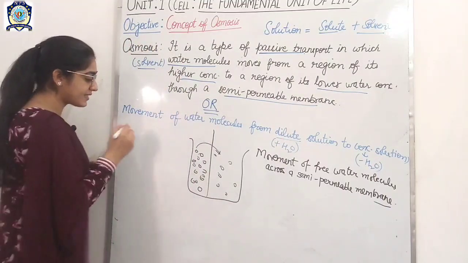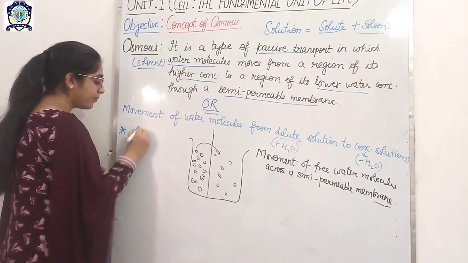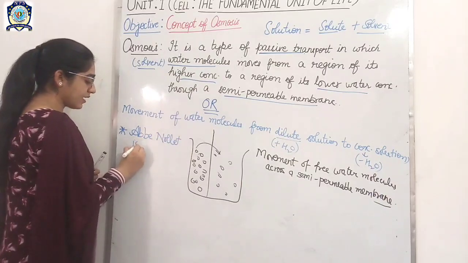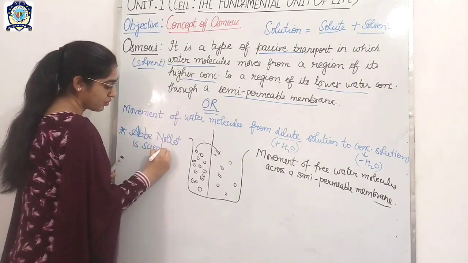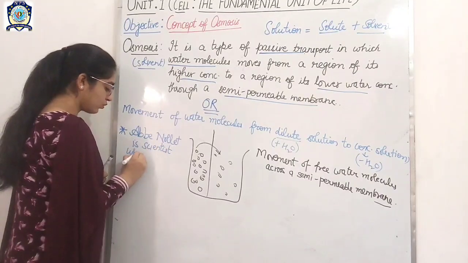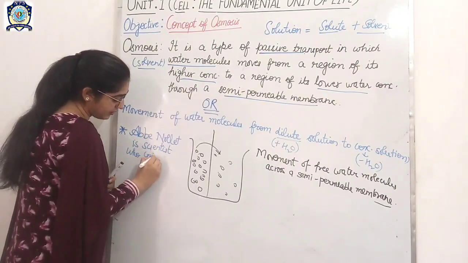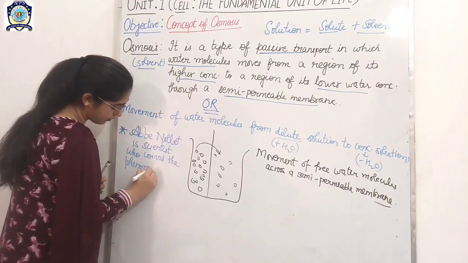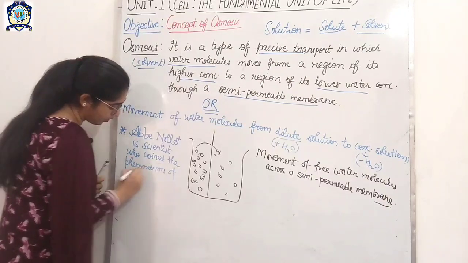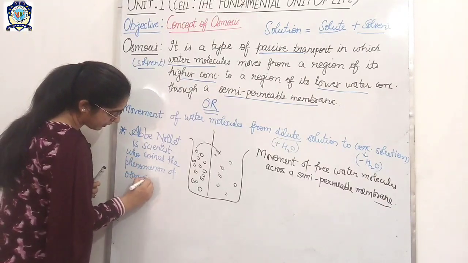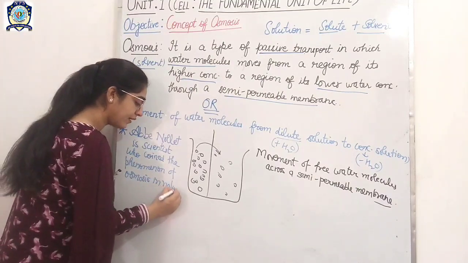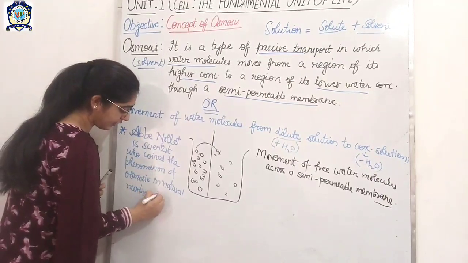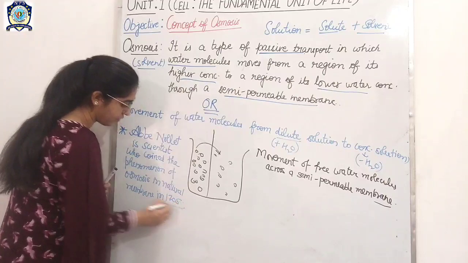The name of that scientist is Abbé Nollet. Abbé Nollet is the scientist who coined the phenomenon of osmosis in natural membrane in the year 1705.